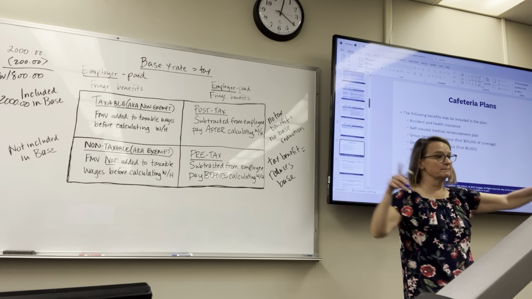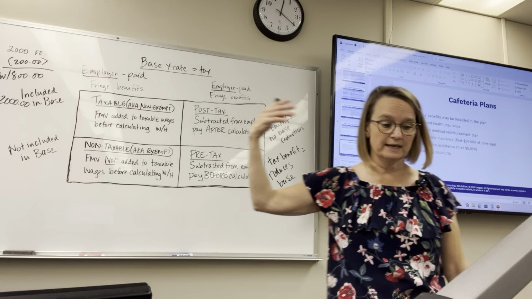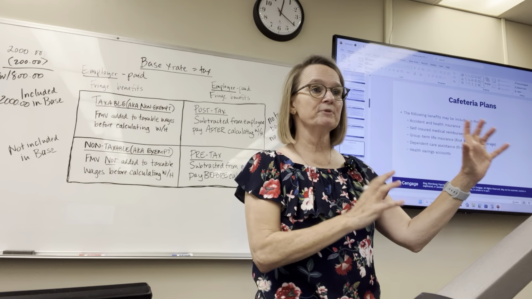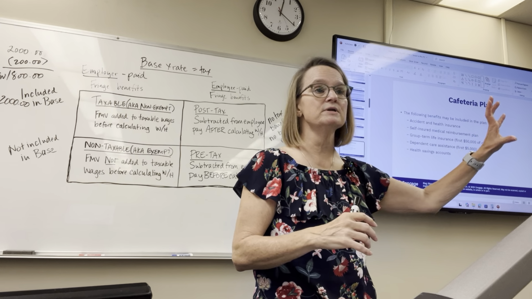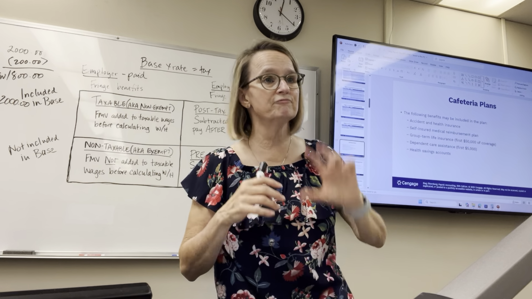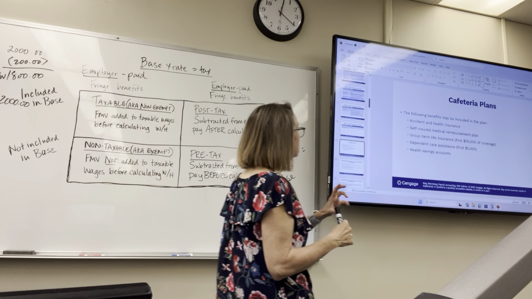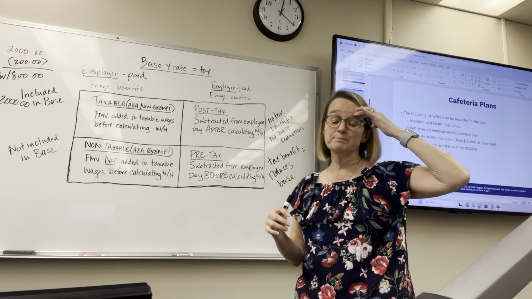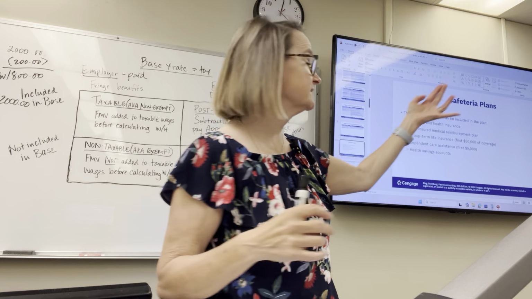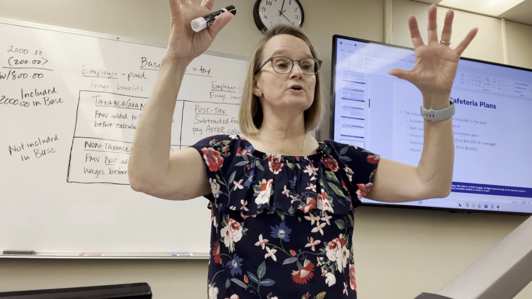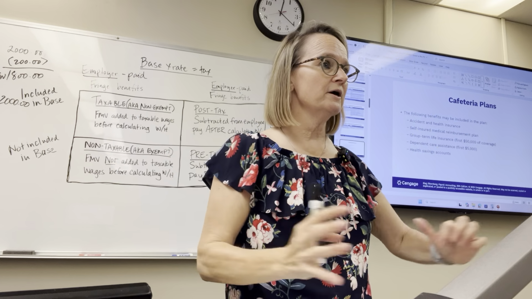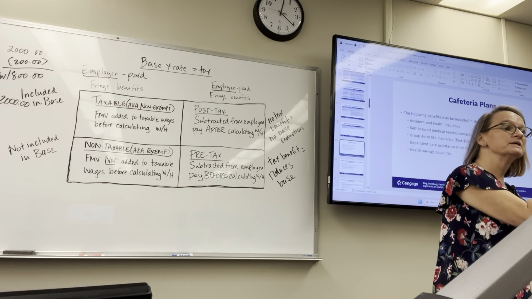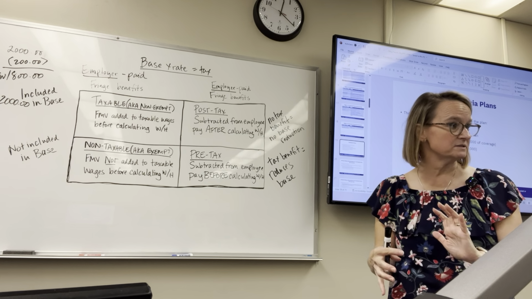Dependent care assistance, we talked about that, where employees can set aside, divert money from their paycheck into a savings account that then can be used to pay for dependent care expenses. Health savings accounts, this is the same type of thing, where employees can divert income from their paycheck into a specific savings account that then can be used to pay for medical expenses.